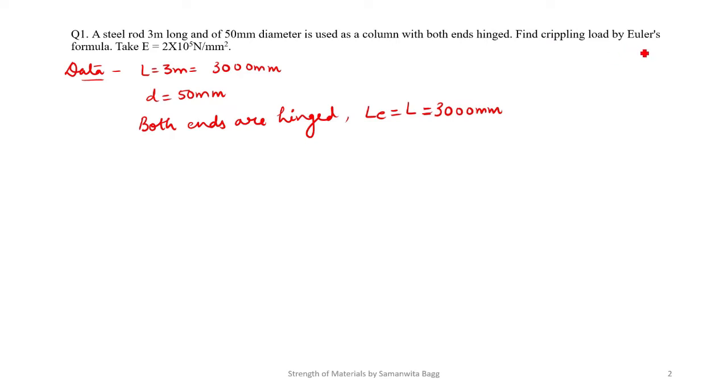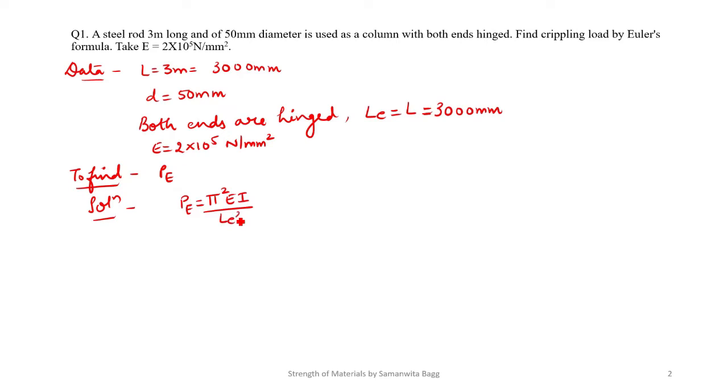Find the crippling load by Euler's formula. Take E as 2 into 10 raised to 5 Newton per mm square. So I need to find the value of PE. I'll write the formula of PE, that is pi square EI upon LE square.